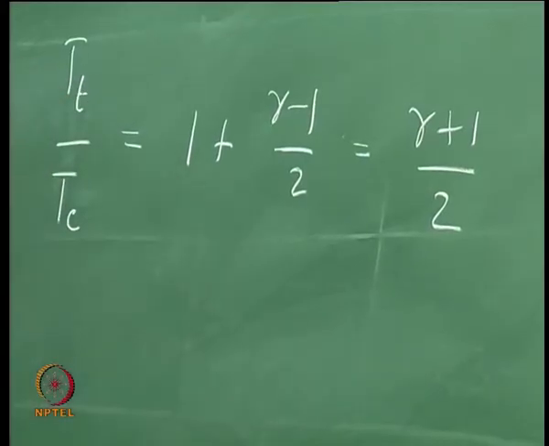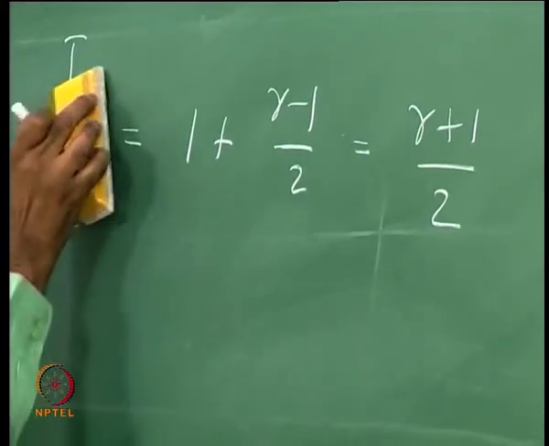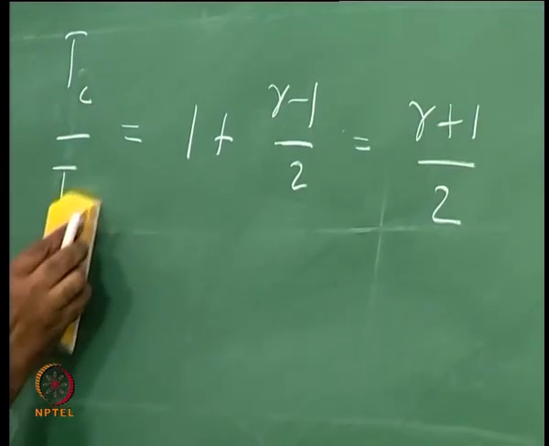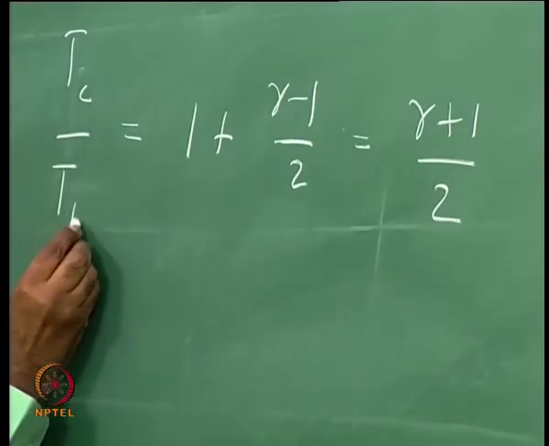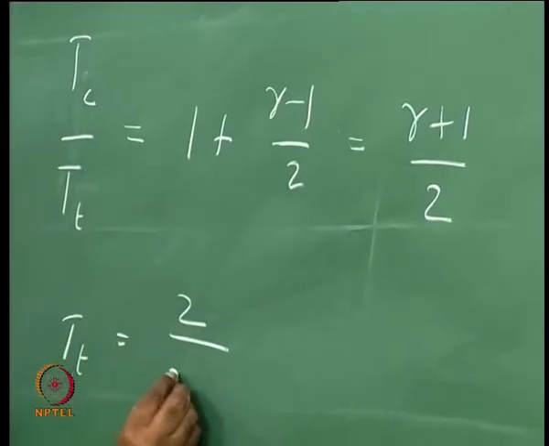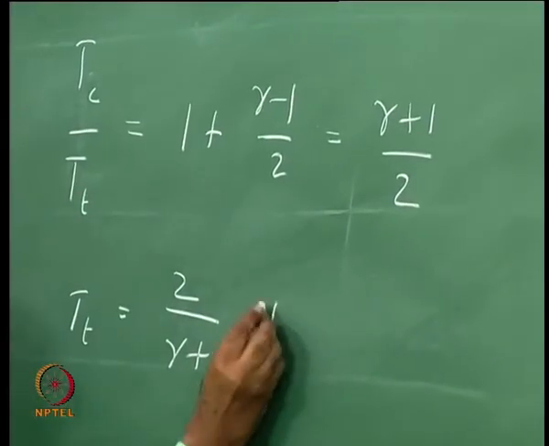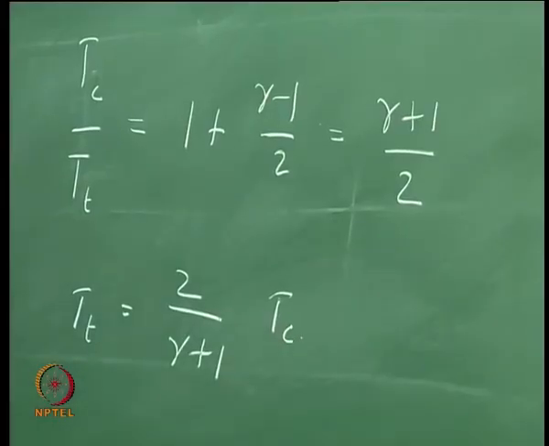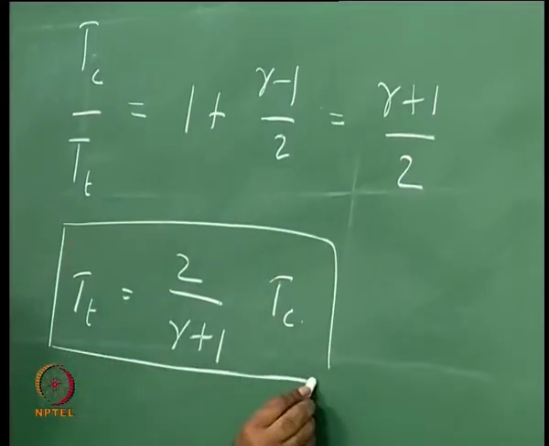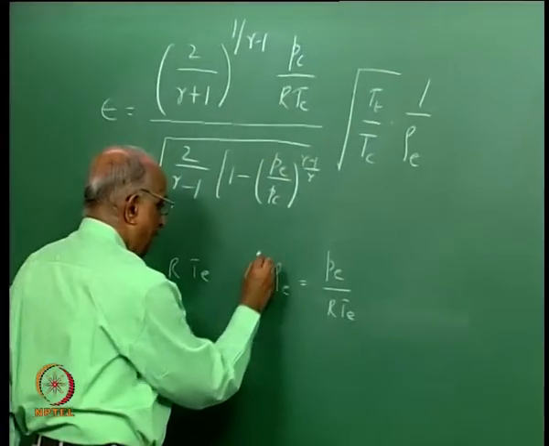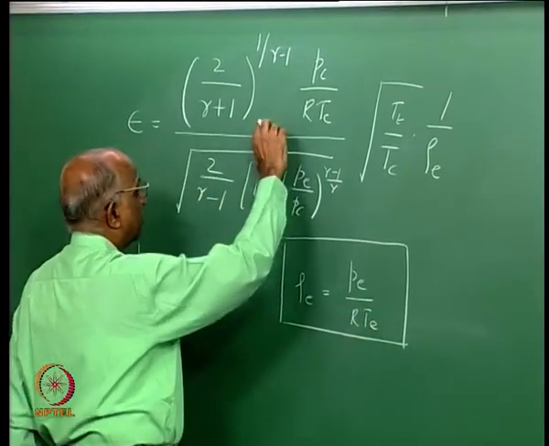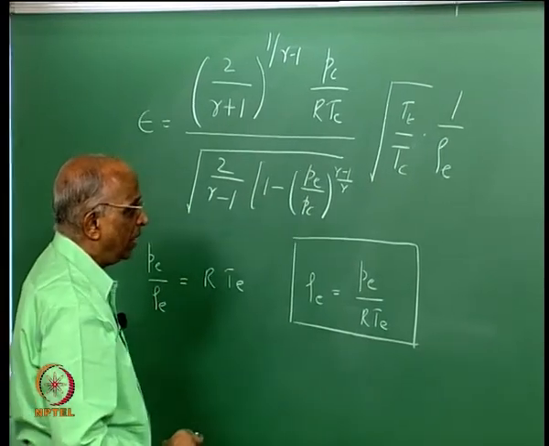Therefore, this expression should really have been Tc, the temperature in the chamber, divided by the temperature at the throat. Therefore, now I can write the temperature at the throat is equal to 2 over gamma plus 1 into the temperature of the chamber. Now, these two things, namely the temperature at the throat in terms of the chamber temperature and the exit gas density in terms of Pe by R Te, I substitute in this particular expression.